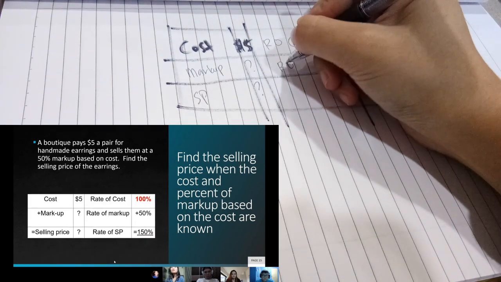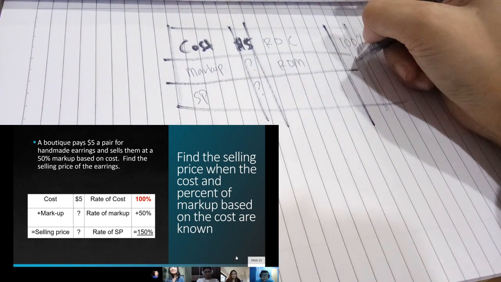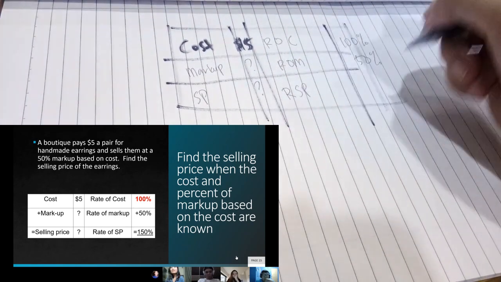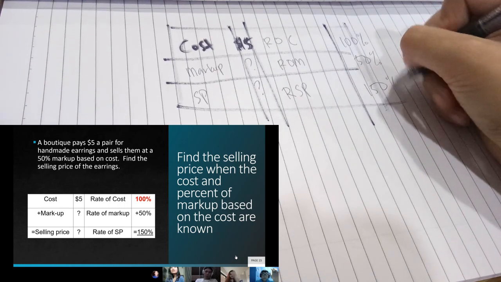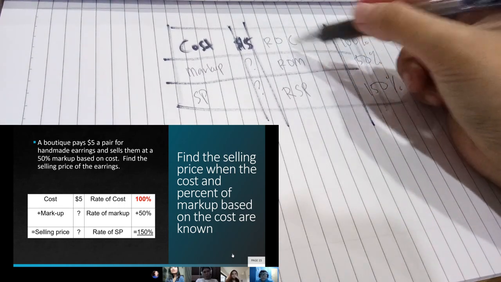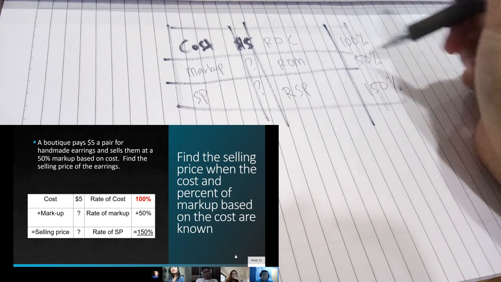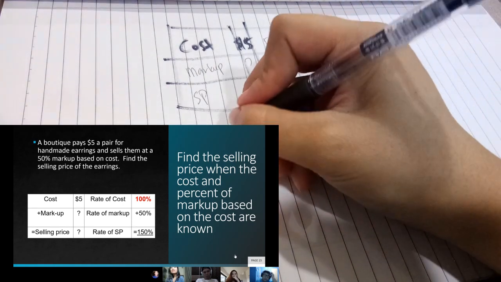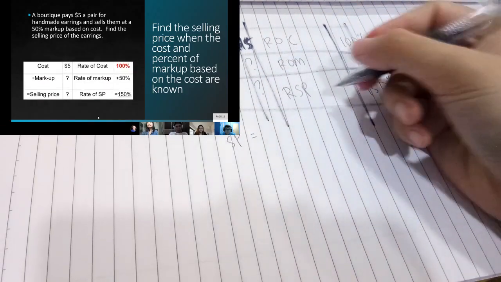The rate of markup is also given, 50%. And the rate of SP is 150% because the rate of cost plus the rate of markup, 50%, equals 150%.